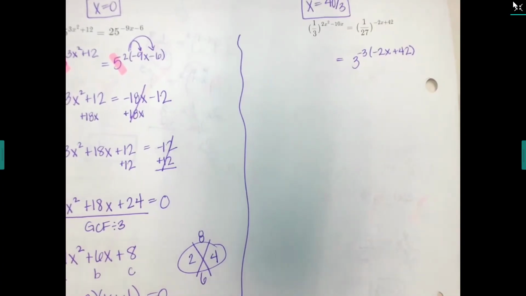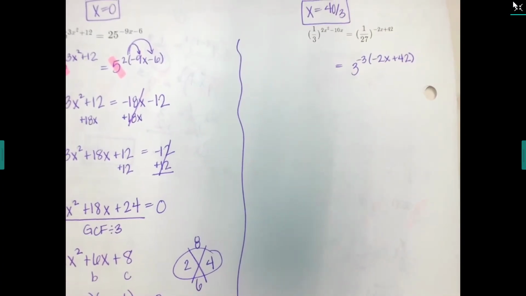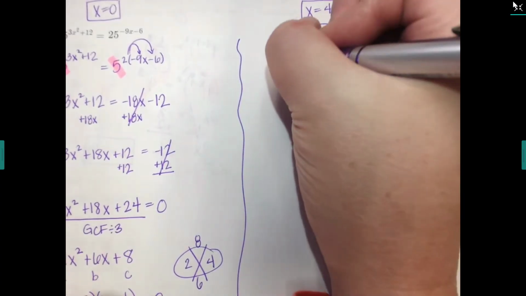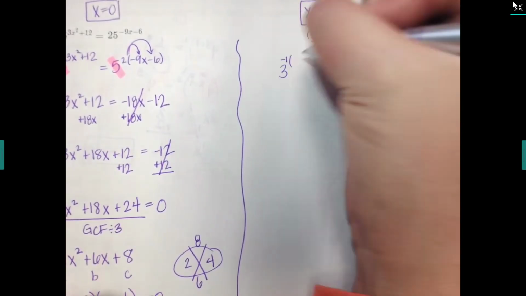And then on the other side, I already have the 3 that I want, but what exponent goes on the 3 if it's just a regular 3? What number? 1. And if I want to pull it up, I have to turn it to a negative 1. Very good. So this is a 3 to the negative 1.